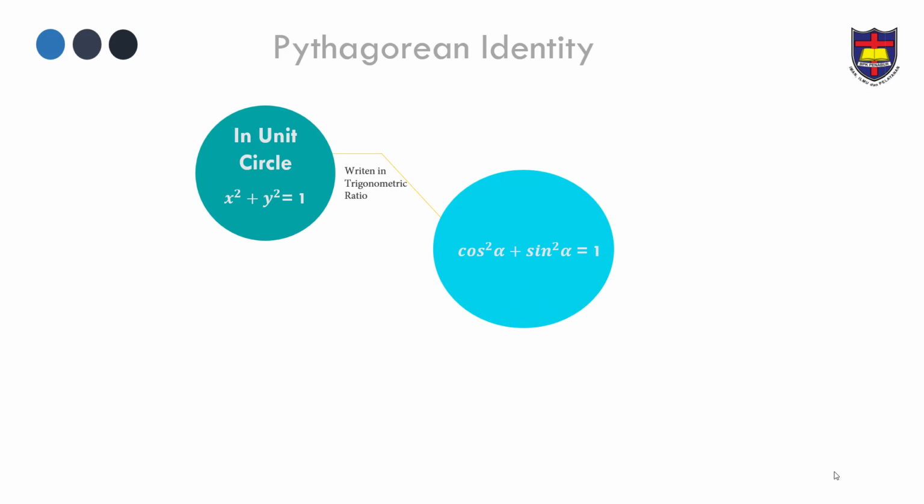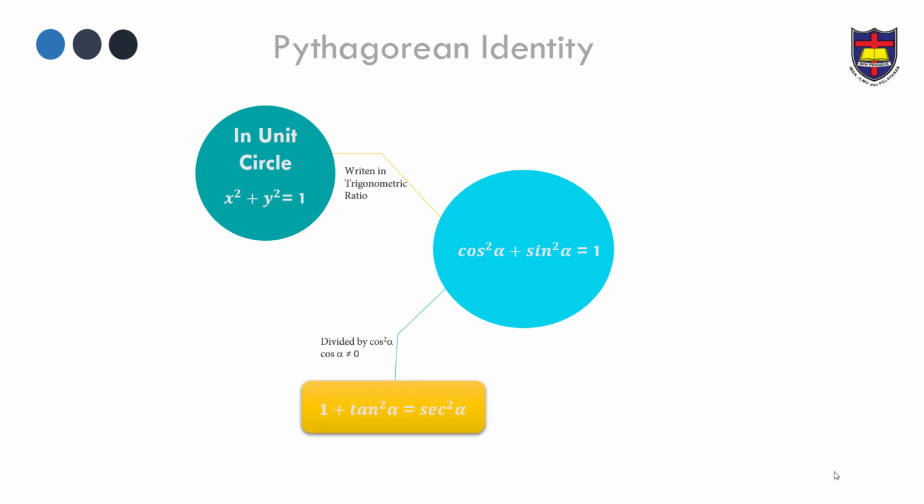Can you still remember that the x value in the unit circle is in relation with cos alpha and y with sine alpha? So now we can write it in the trigonometric ratio that cos square alpha plus sine square alpha equals 1.